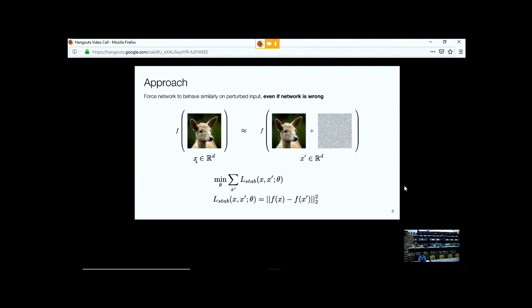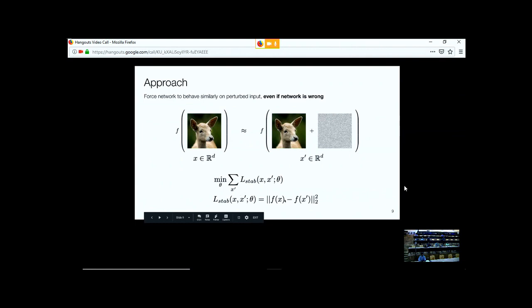So what is a very simple approach? As I said before, you just want your network, given an input X, to have similar output on X plus some noise. So why don't you just directly train on this? The objective you can try to minimize is the Euclidean, the L2 norm, of the distance between the output of F on X and on X prime.